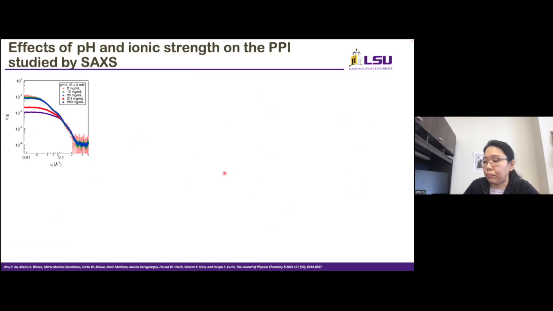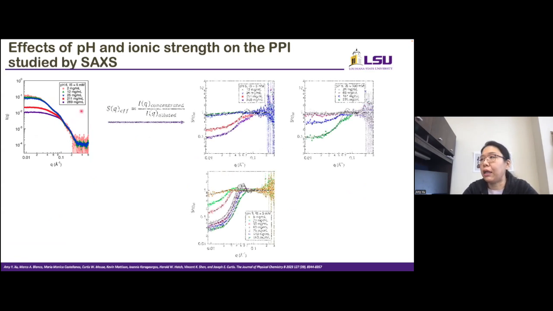Now, if you remember what I talked about earlier in my talk, we can also use small angle scattering to look at the structure factor, and that can tell us something about interprotein interactions too. From the scattering curve, you can derive the effective structure factor profiles by using this equation, where I'm missing a scaling factor S that corrects for the concentration.